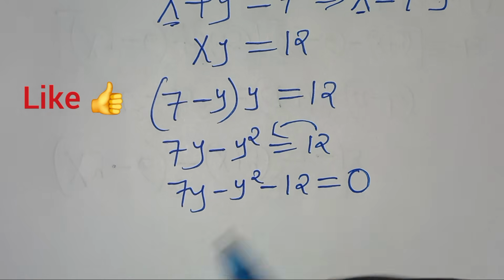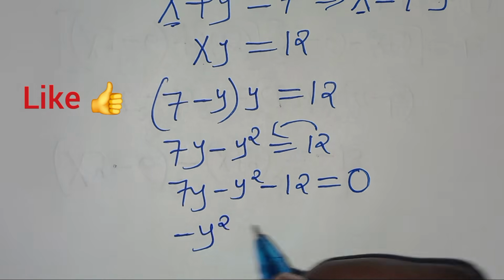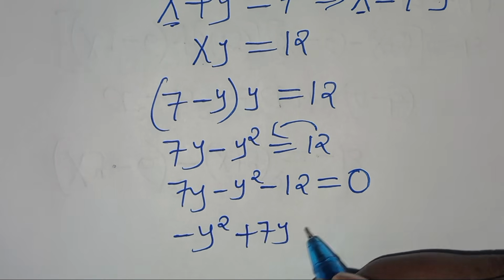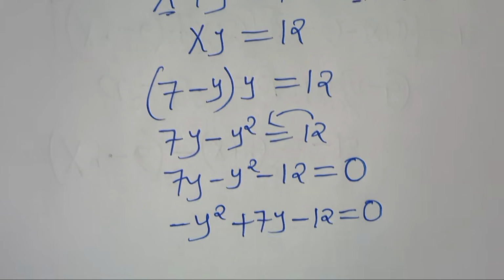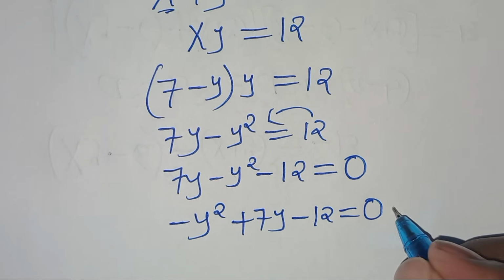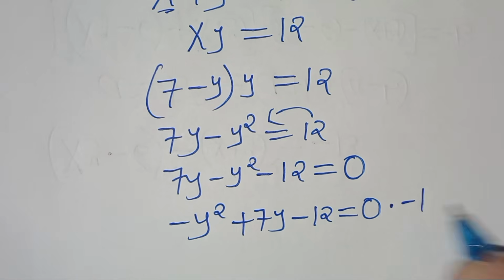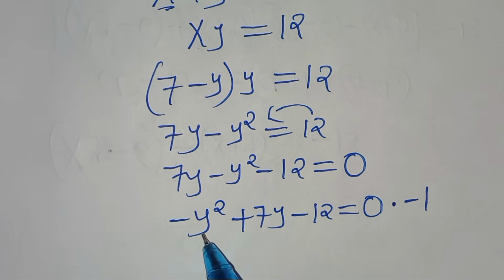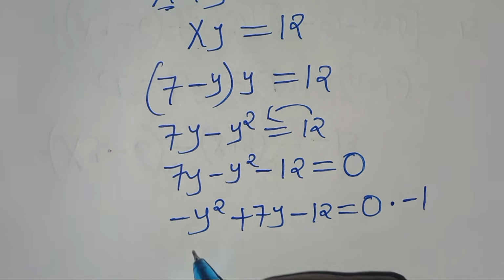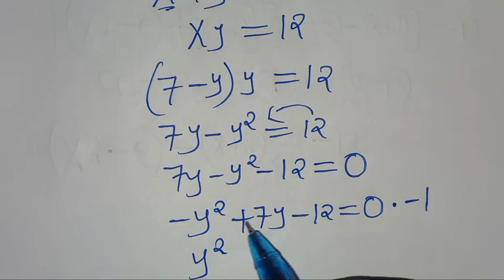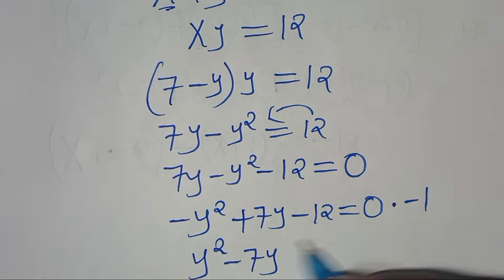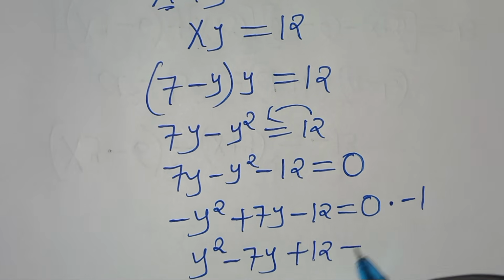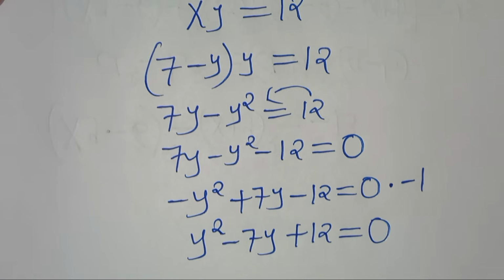So let's rearrange this equation. This is minus y squared plus 7y minus 12 equal to 0. Let's multiply this equation by minus 1. So minus y squared times minus 1 is y squared, then plus 7y times minus 1 is minus 7y, then minus 12 times minus 1 is plus 12, equal to 0.